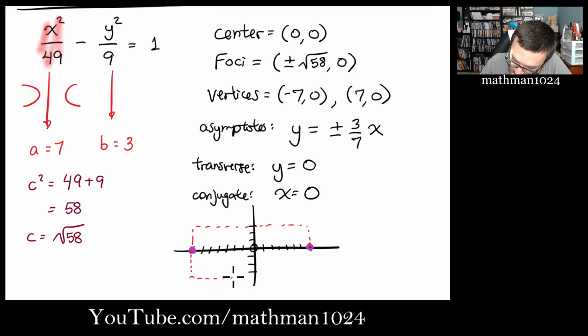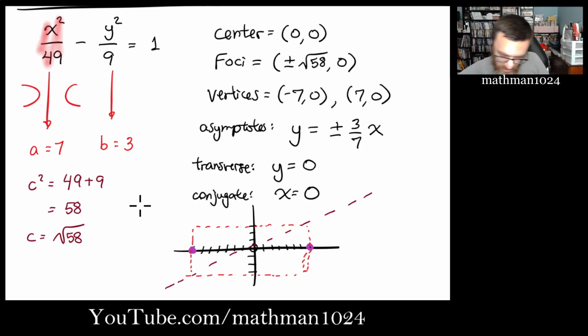So this rectangle, whoops, that is not lining up right. I like how my pen all of a sudden decides not to line up right. So this is going to form a kind of a boundary, and your asymptotes are going to be those lines that cross through these diagonals like this.